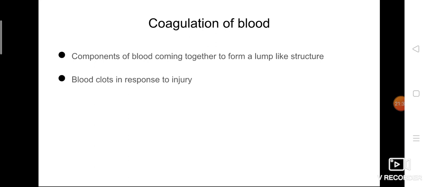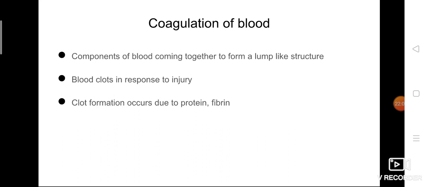Because plasma contains the protein fibrinogen, that fibrinogen and platelets immediately rush to the wound place, and they form a lump-like structure. That is called coagulation. So blood clots in response to that injury.